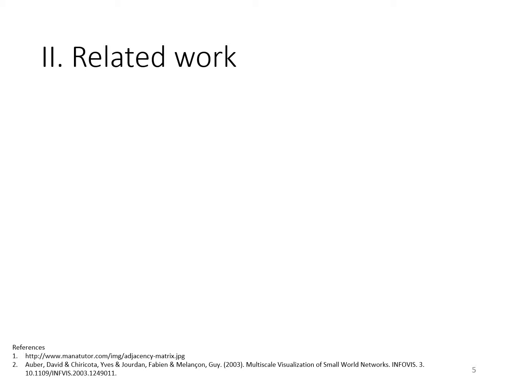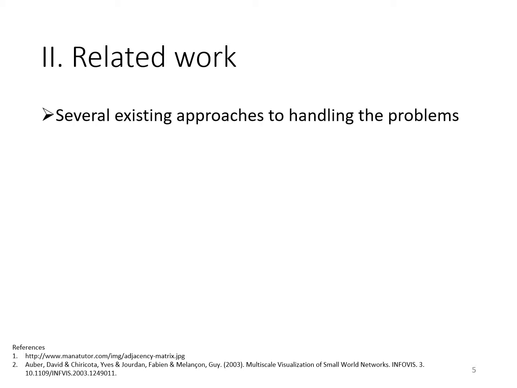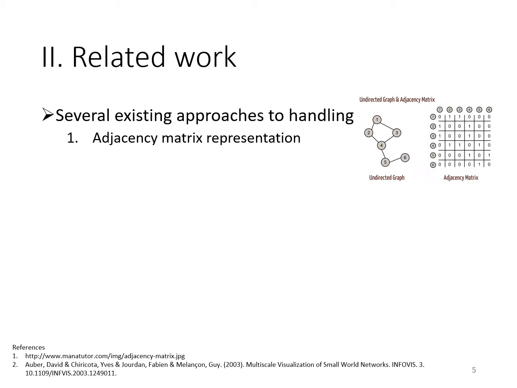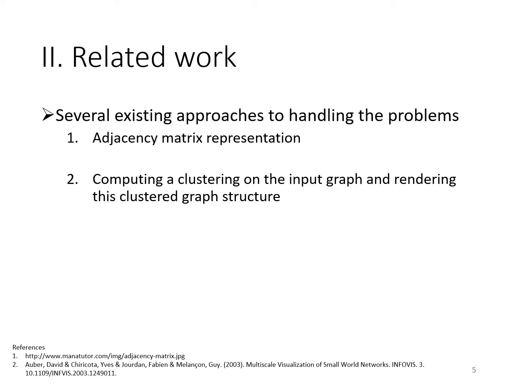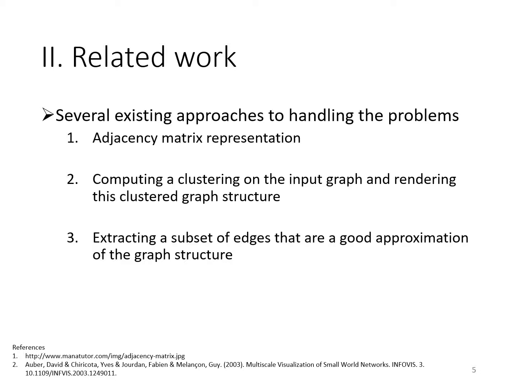Before edge-betweenness centrality, there were several existing approaches to handling these problems. It was adjacency matrix representation, computing a clustering on the input graph and then rendering this clustered graph structure, extracting a subset of edges that are a good approximation of the graph structure, and pathfinder networks.